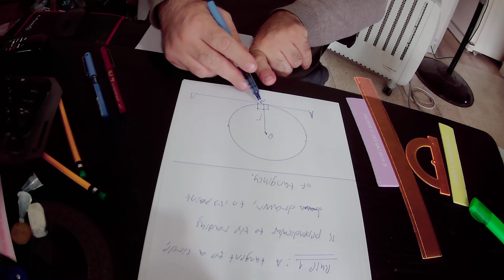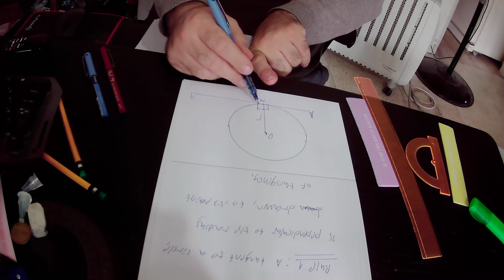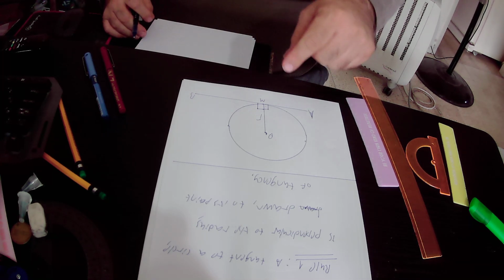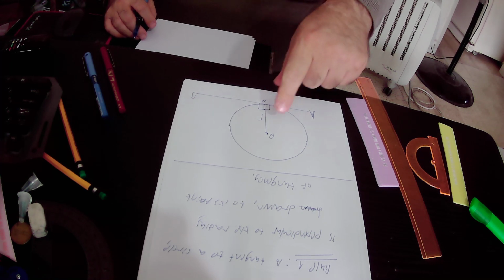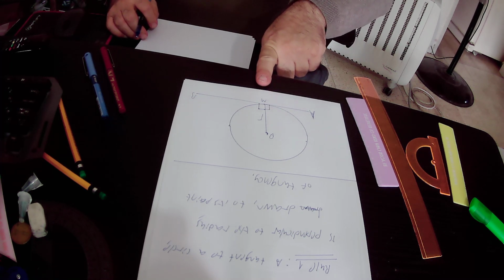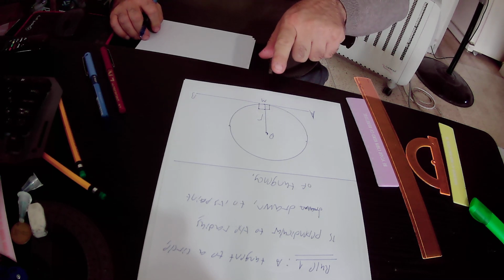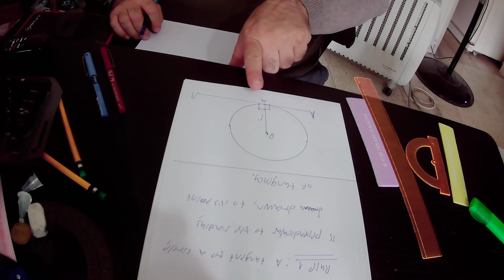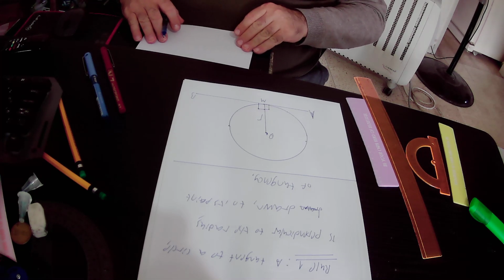So this angle equals 90 degrees, and this angle also equals 90 degrees. Again, whenever you have a radius drawn to the point of tangency, the tangent will be perpendicular to this radius. Okay?